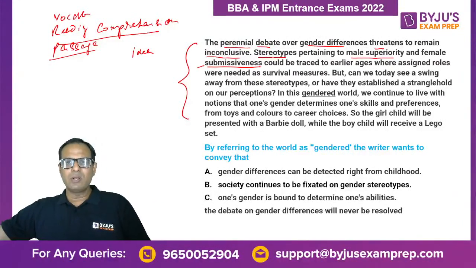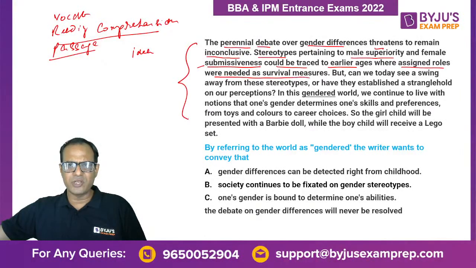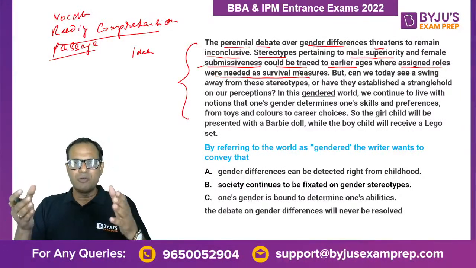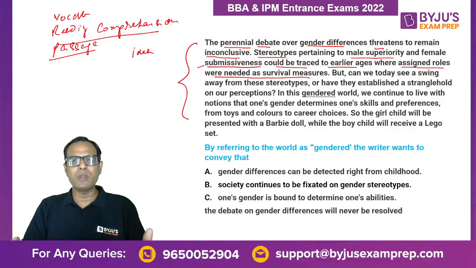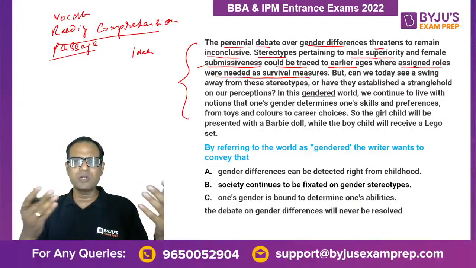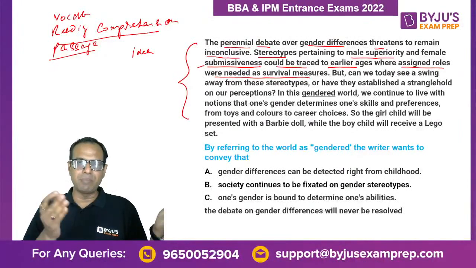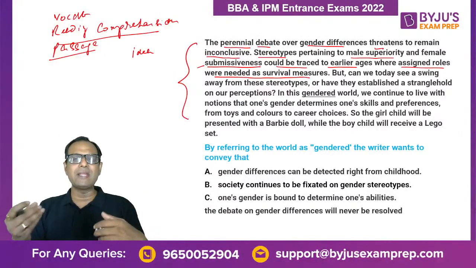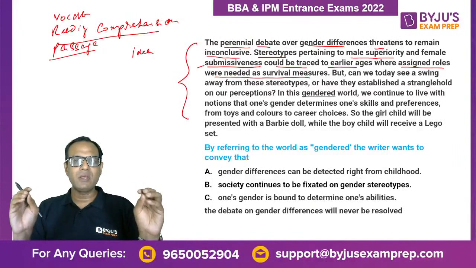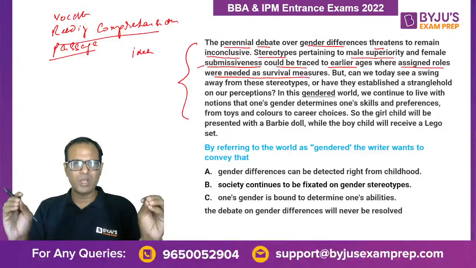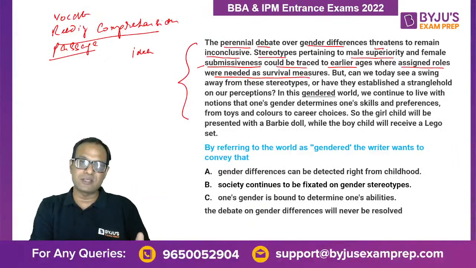All right. Now, this kind of thinking could be traced to earlier ages where assigned roles were needed as survival measures. Now, right now in today's world, women are moving head and shoulders with their male counterparts, so there is not much of a difference. But in the era bygone, in the past ages, women and men were both assigned typical tasks suitable for their sexes.